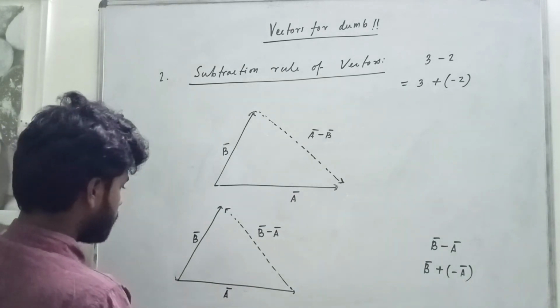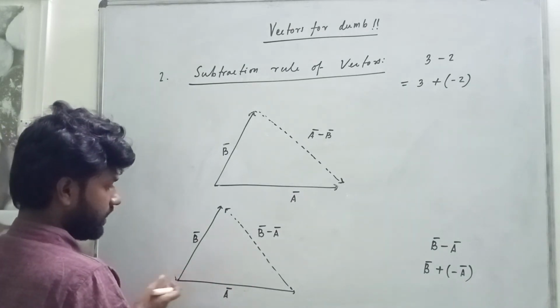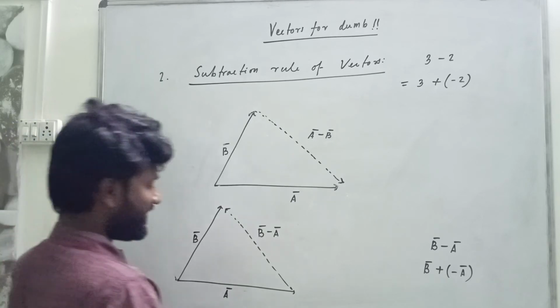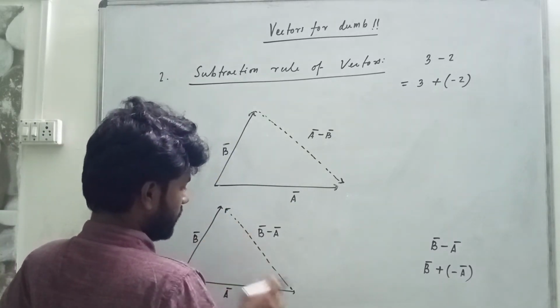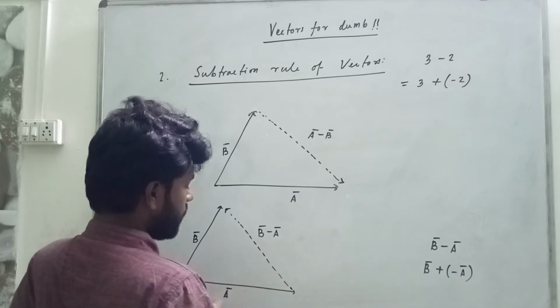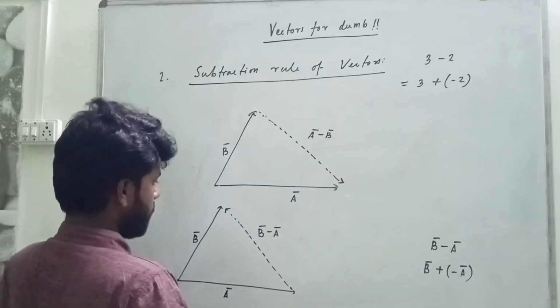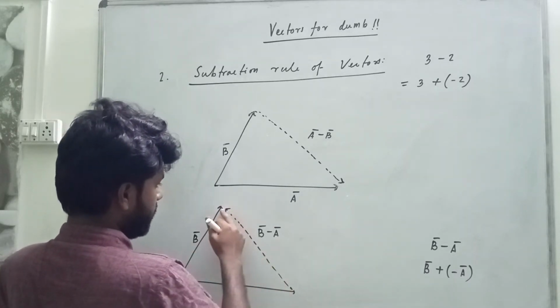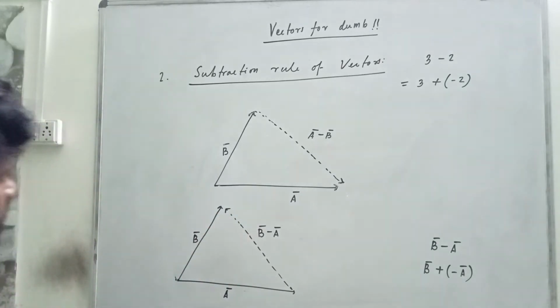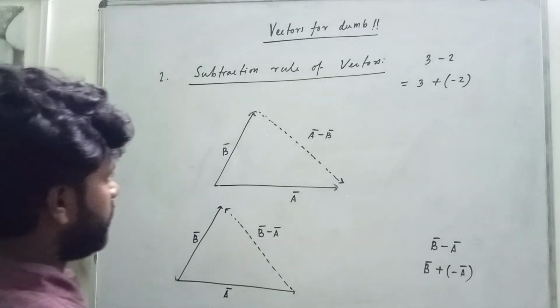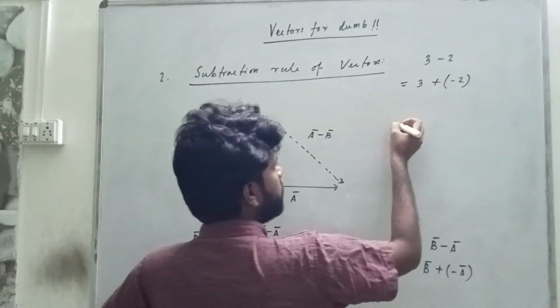And if you calculate the B minus A here, it's just opposite, and just join these two points here with a straight line, and the arrowhead actually goes towards B, right? Towards B. So it is B minus A. So it is a crucial result here.